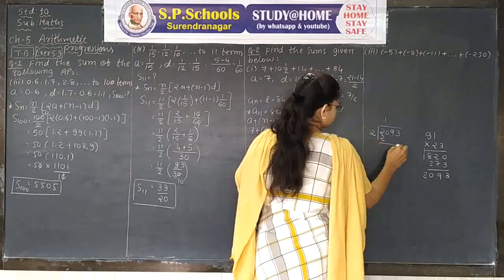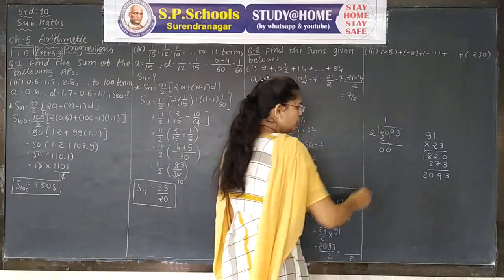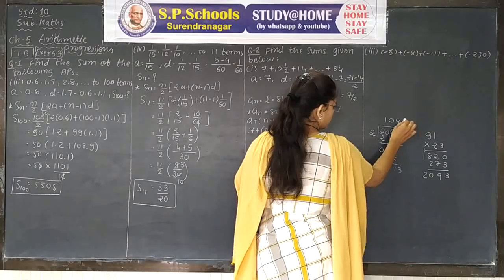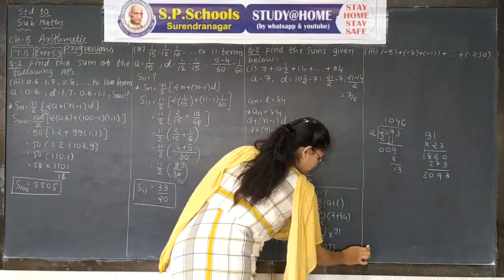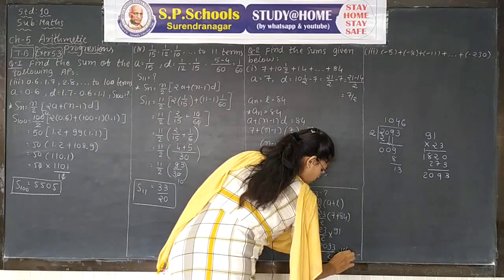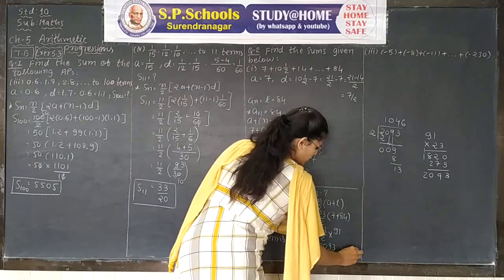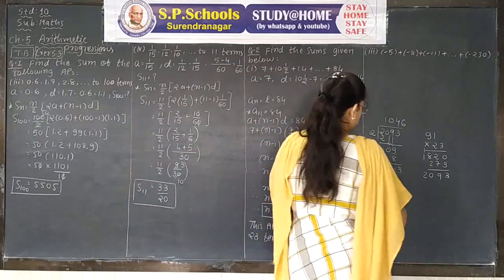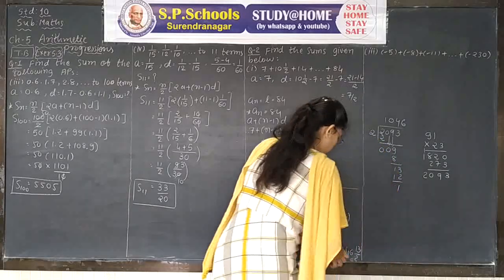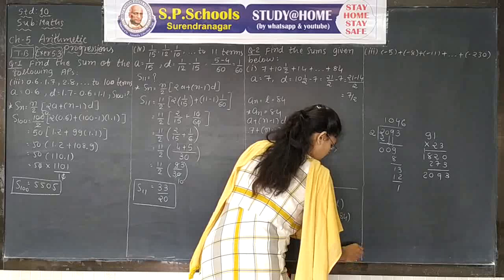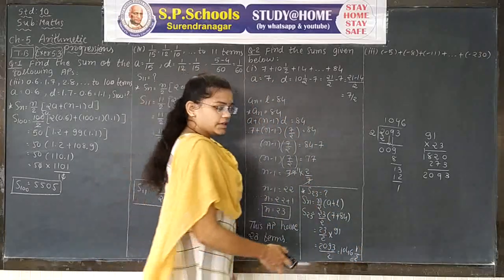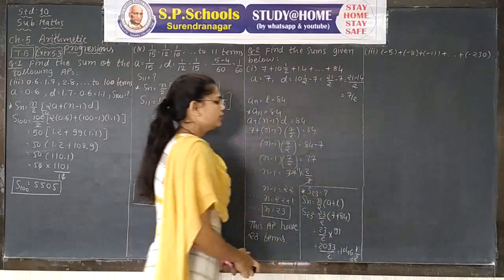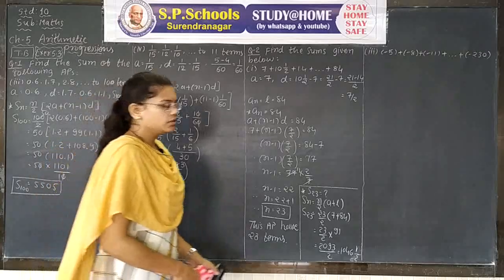The quotient is 1046 and the remainder is 1, and the 2 remains as it is. It is not required, but our AP is in the form of fractions, so the answer is 1046 and 1 upon 2.